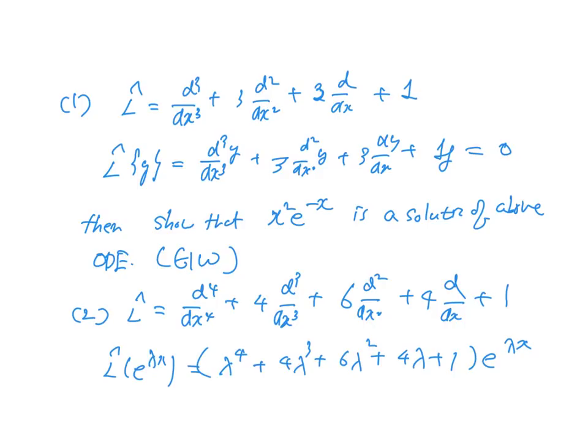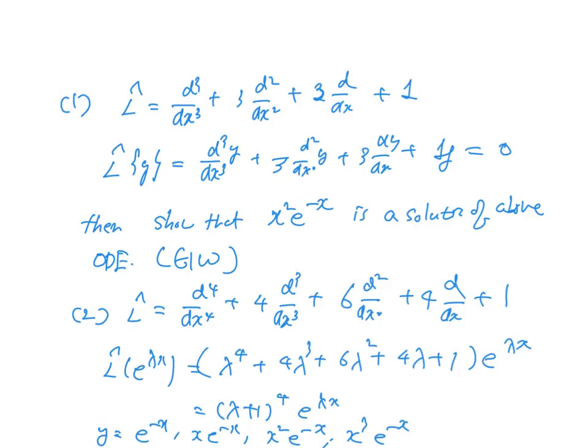So can you factorize this? Lambda plus 1 to the 4th, times exponential lambda x. So you can guess the solutions, right? So y equal to exponential minus x, x exponential minus x, x squared exponential minus x, x cubed exponential minus x, right?